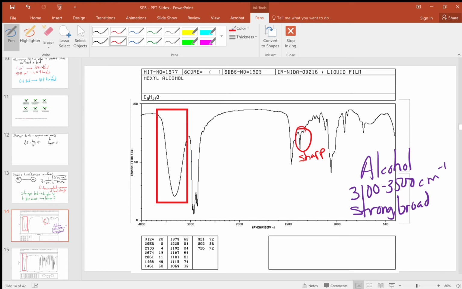So we can see the example in this spectrum of the alcohol. Again, it's the peak that's the red box around it. It's a fairly strong peak because its transmittance is low, and we can see it's also more broad. And that's going to be true for most alcohols, but not all of them.